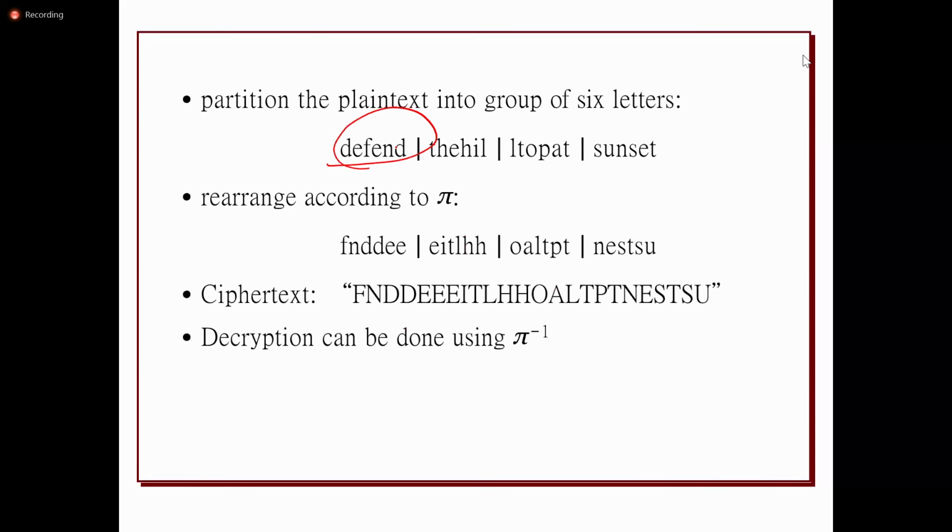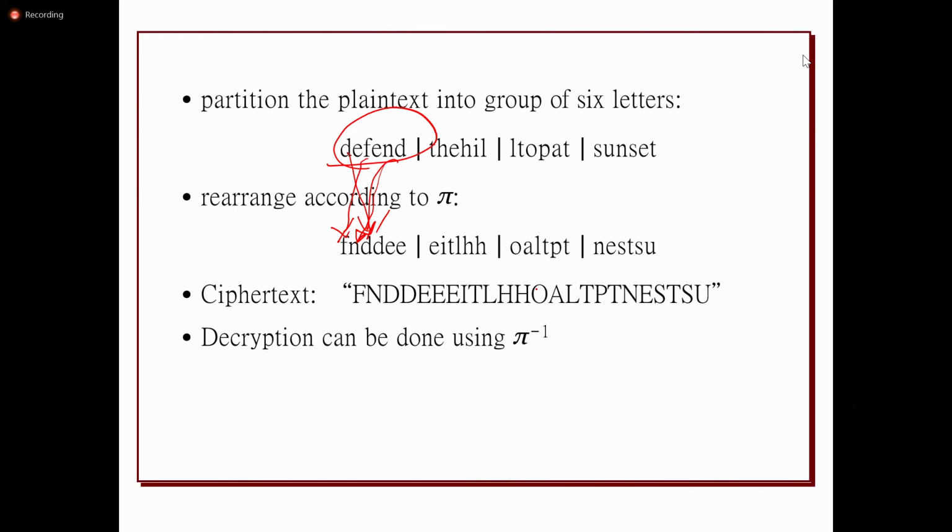So all the alphabets will be arranged here. Defend will be rearranged like this: 3, 5, 1, 6, 4, 2. So the third character will be placed over here first, and the fifth character will be placed over here. N is in position 5. And 1, so the first alphabet will be over here.